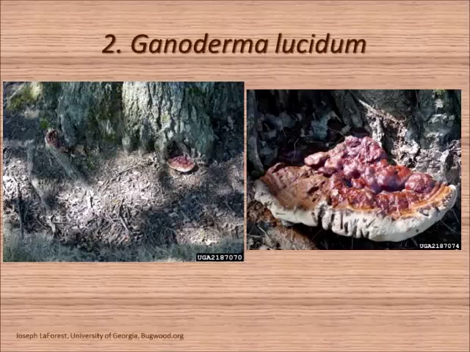Here you can see that there's a fruiting body at the bottom of the tree. It usually fruits at the base of the tree, and it has this very rich varnished mahogany color on the top. It's shiny. And then on the bottom, it has a white spore layer. So do you think that this is annual or perennial?